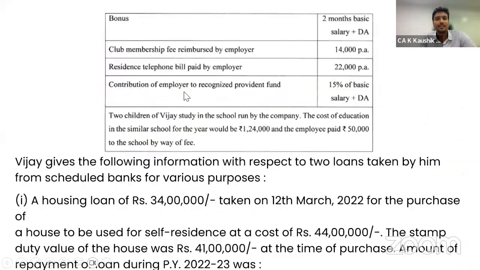Now, what else is given? Perquisite of 2 children of Vijay studying in the school run by the company. Now, the cost of the education in a similar school for the year would be 1,24,000. The employee paid 50,000 by way of this. Now, is there any note? Is this taxable? So, 2 children's education, the concessional education is something that we'll have to see.